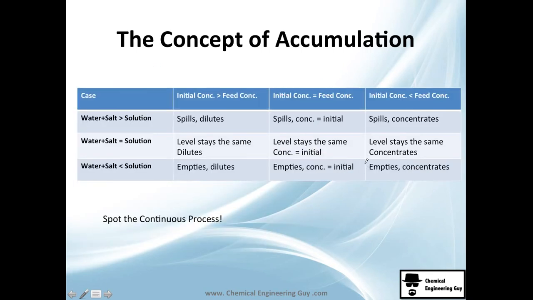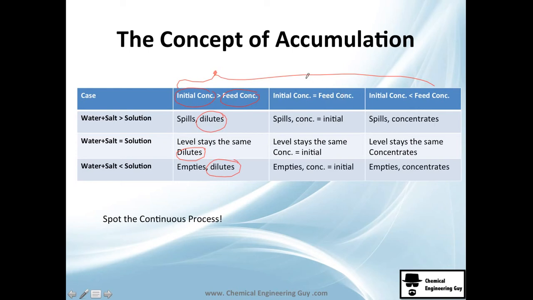Now, guys, that was the overall mass balance. But I want you to pay attention here and analyze it. When the initial concentration in the tank is larger than the feed concentration, it will actually dilute, because you're increasing the amount of feed, and the feed is not that concentrated, so it will get diluted.